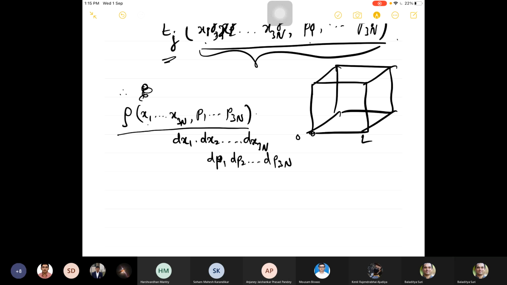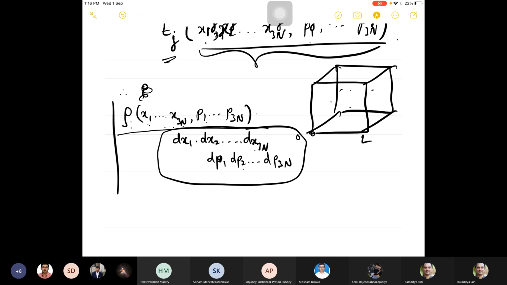What I have written here is the volume element of phase space: dx1, dx2, and so on up to dx3n times dp1, dp2, and so on up to dp3n. I'm assuming a simple Cartesian 6n dimensional space, and this is the probability density of finding the system, all n particles, at these coordinates and momenta.